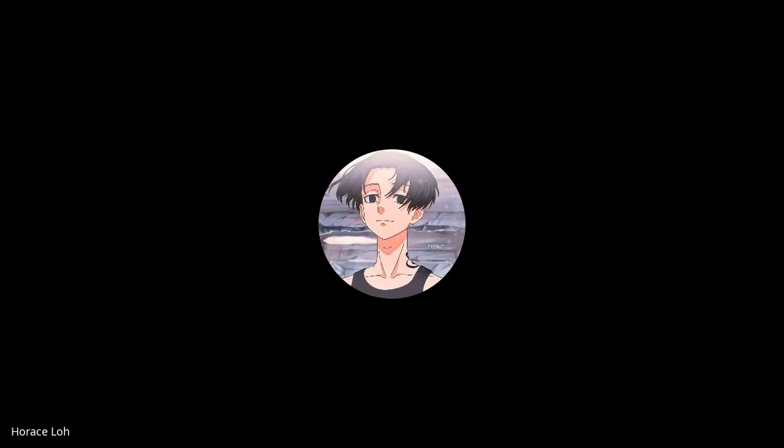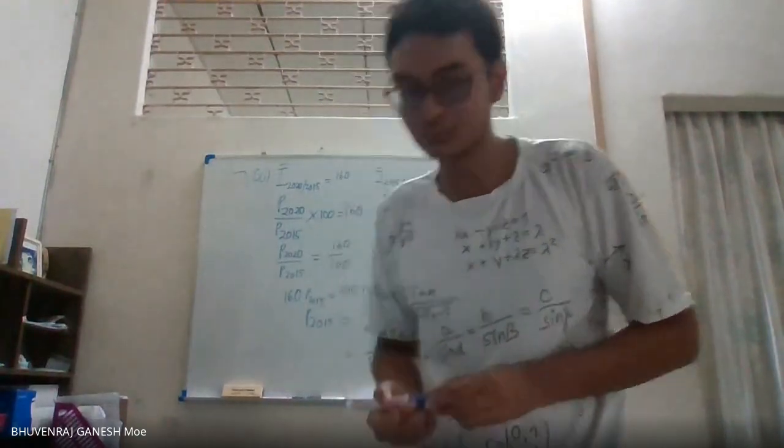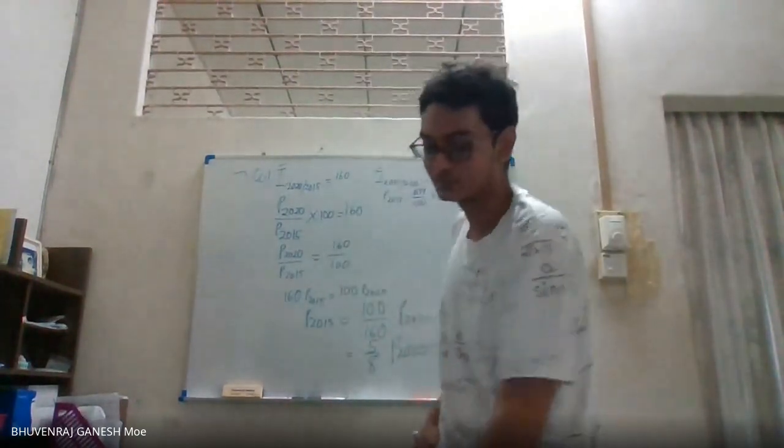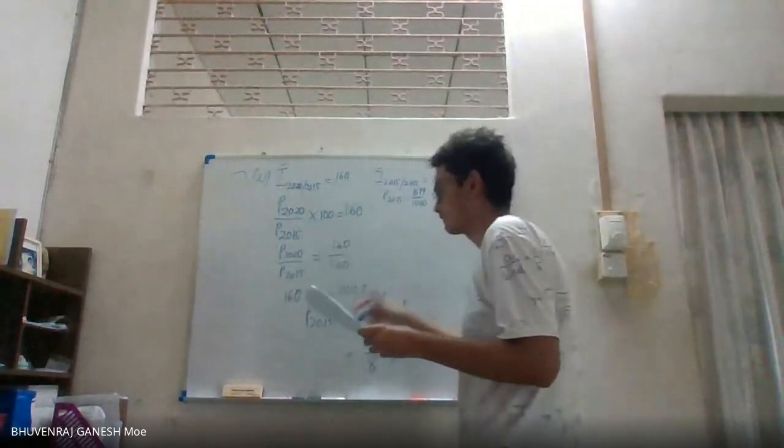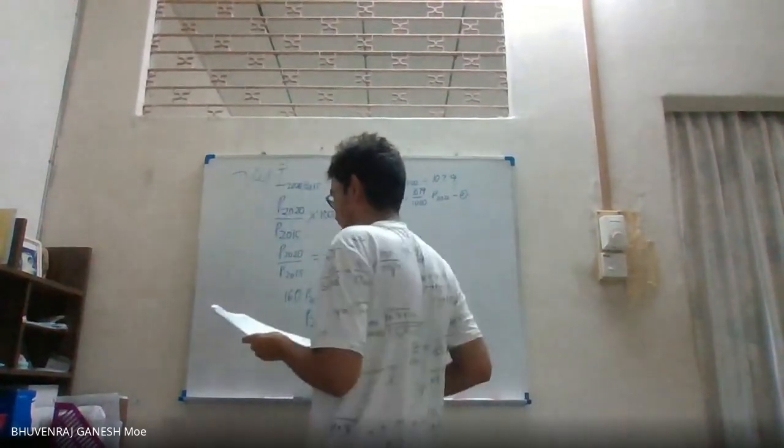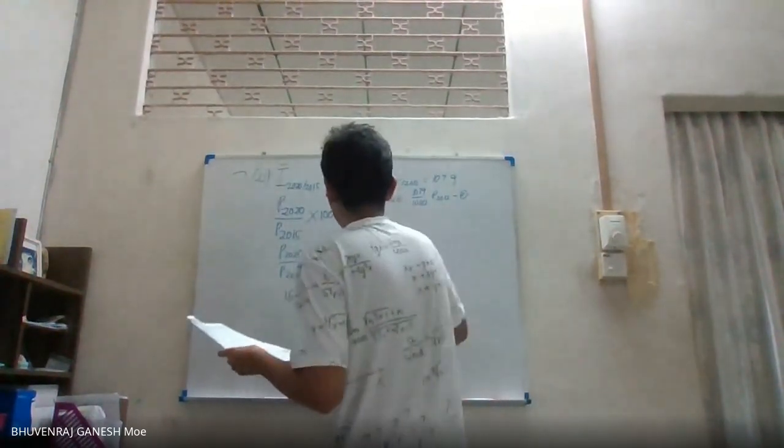Okay, so after you inverse you should get 8 over 5, not 508. So yeah, they're working now.